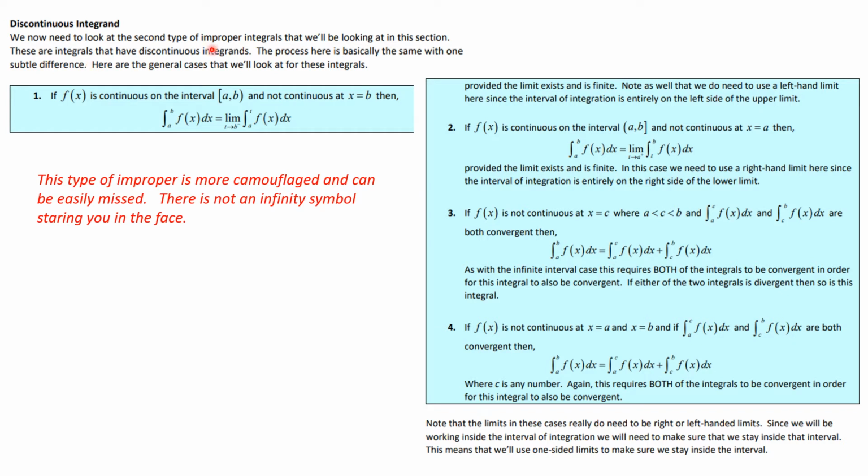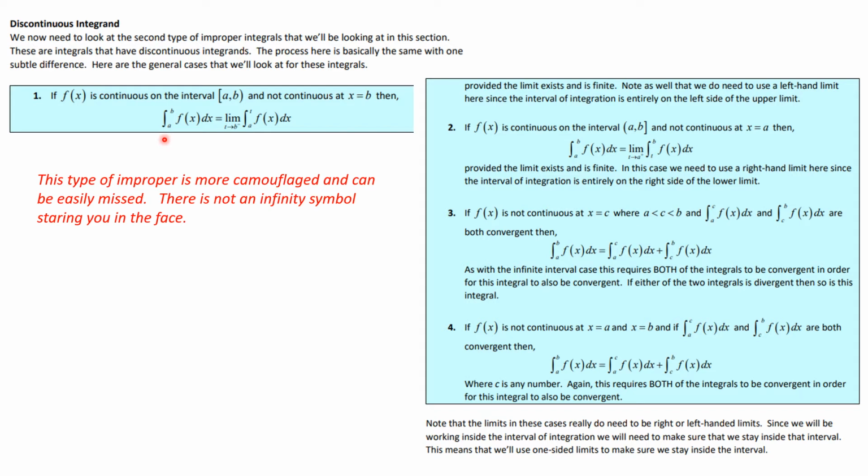Okay, so we're looking at the second type, and these are integrals that have discontinuous integrands. The process here is basically the same with one subtle difference. If f is continuous on the interval [a, b), notice that this is closed at a but b is not included, so it's discontinuous at x equals b, the right endpoint.